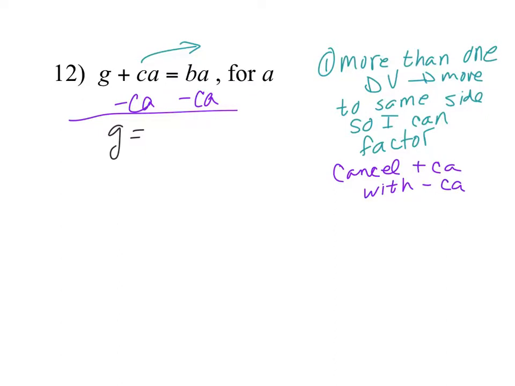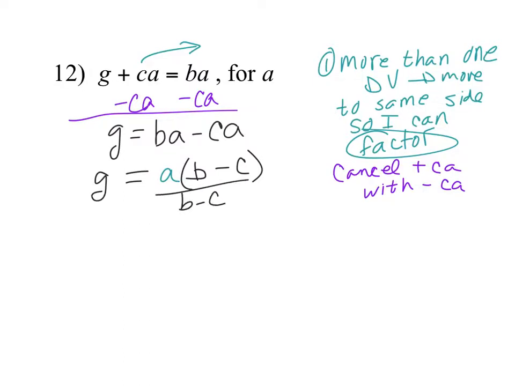Remember, those cannot be combined because they are not like terms. So you've got a BA minus CA. So now I can factor it. I'm going to factor out that A, which will leave me with just a B in the first term and then minus C in the second term.